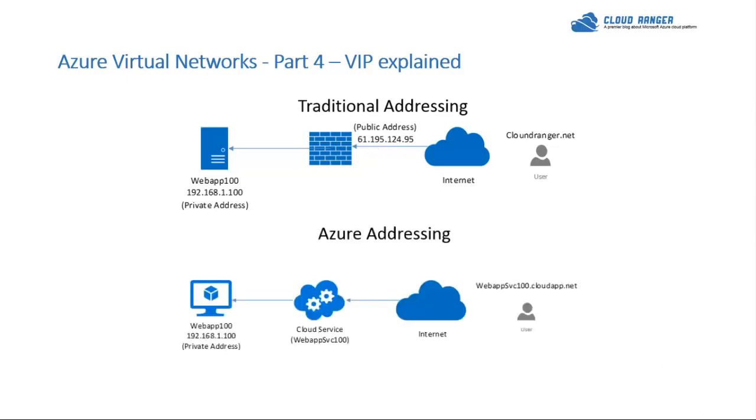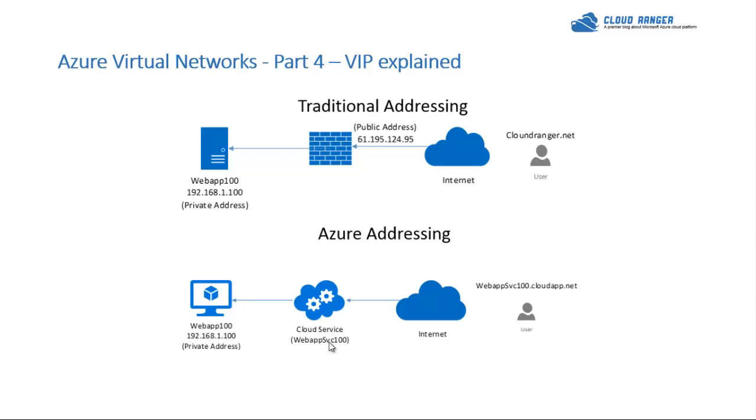So moving on, the way this works in Azure, and this is what we have been doing so far, is that every time we create a virtual machine, if you remember from the previous sessions, it creates a cloud service, or it should be contained in a cloud service.